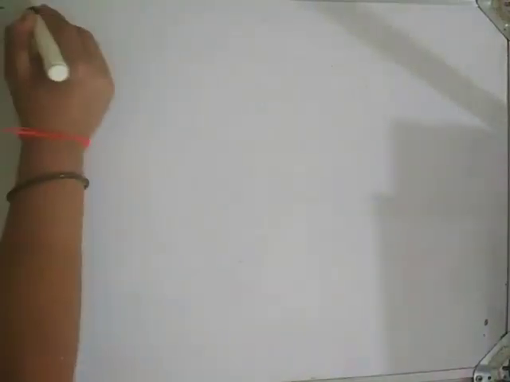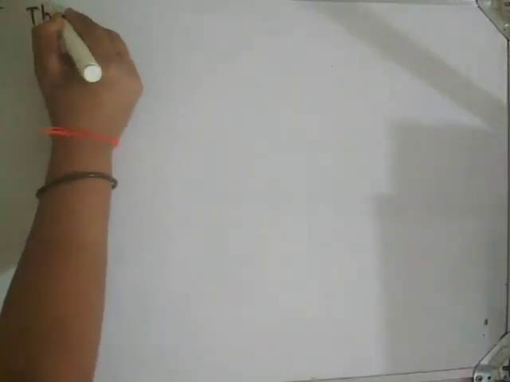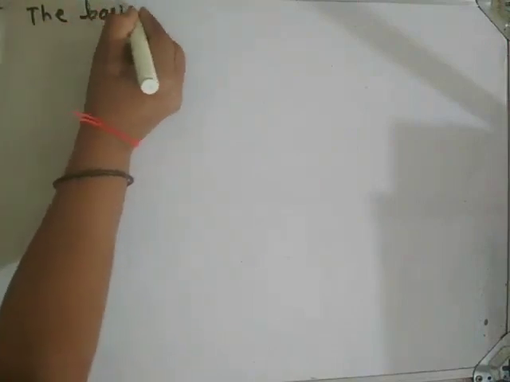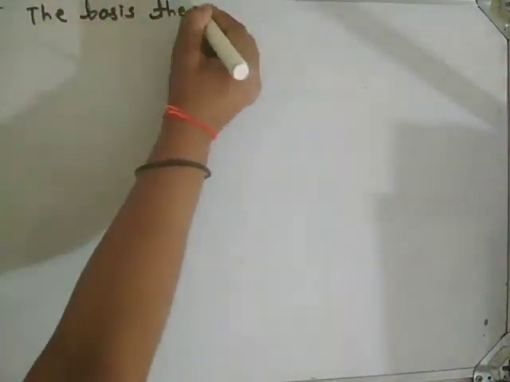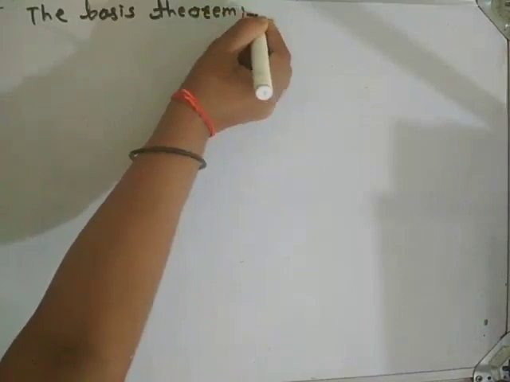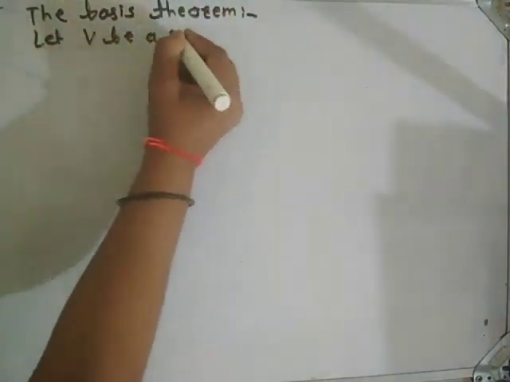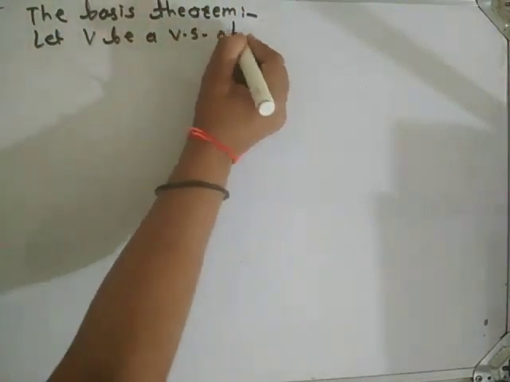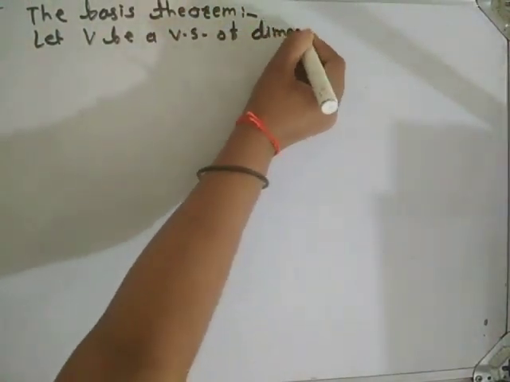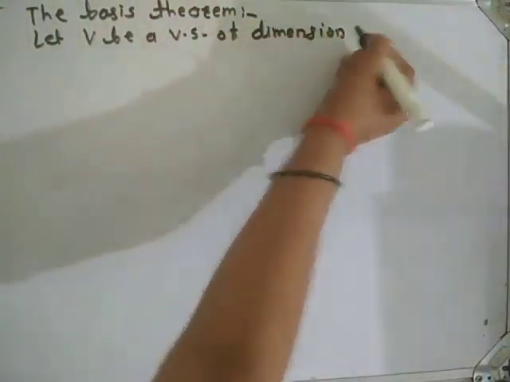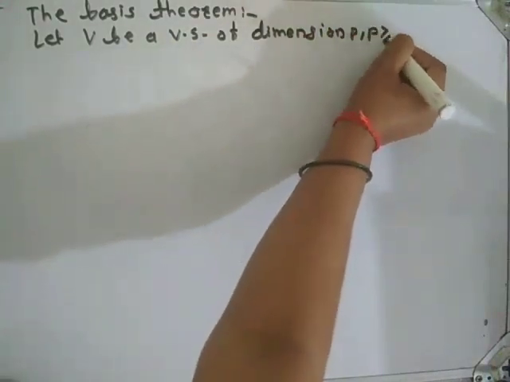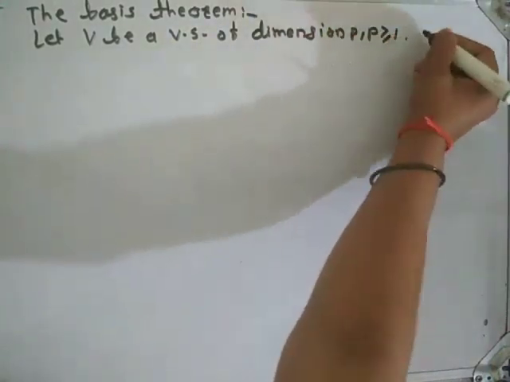Next, write down the basis theorem. Basis theorem. Let V be a vector space of dimension p, where p is greater than or equal to 1.